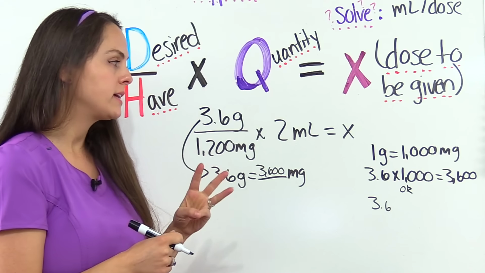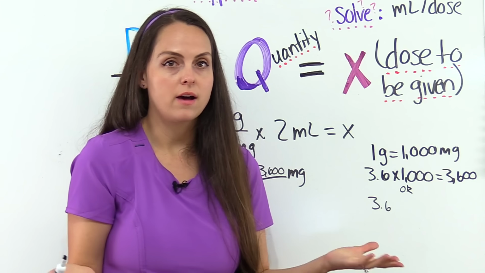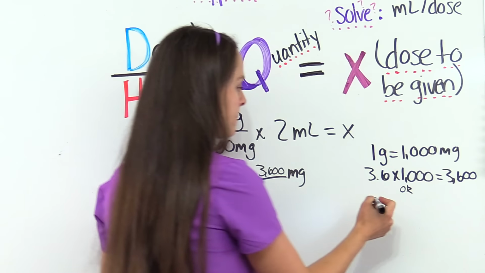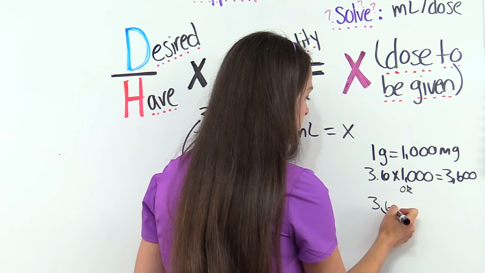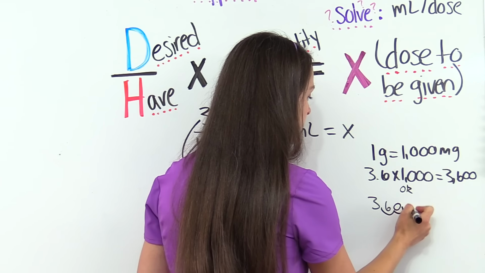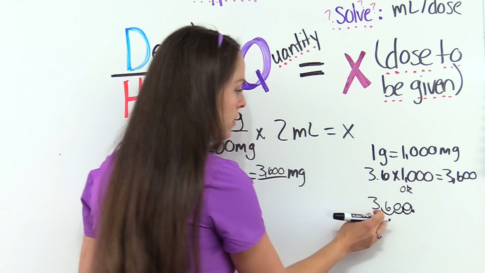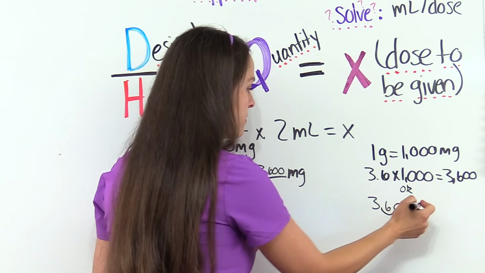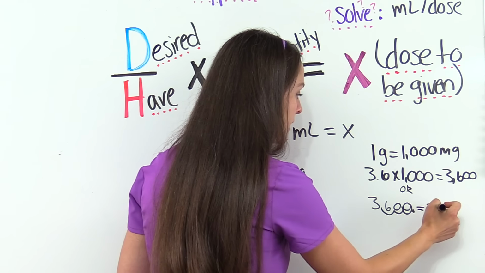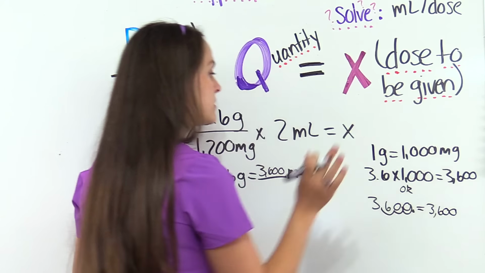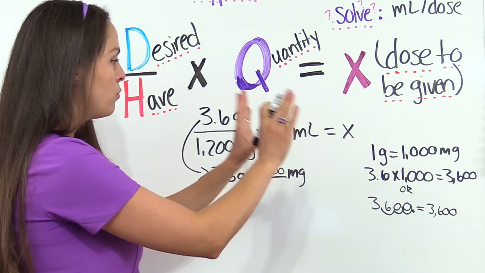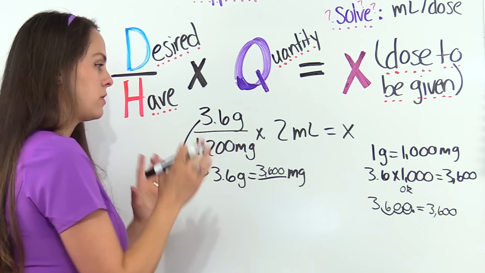And we're going to move it 3 places because we're trying to multiply by 1,000. So we go 1, 2, 3, and our decimal goes here. Went from there to there. So that is the same way as writing 3,600. So now we're converted. We are ready to solve.